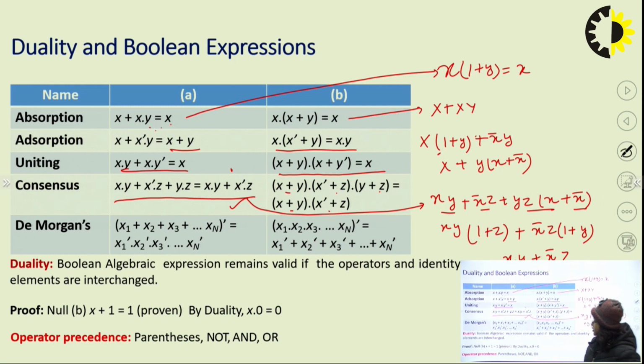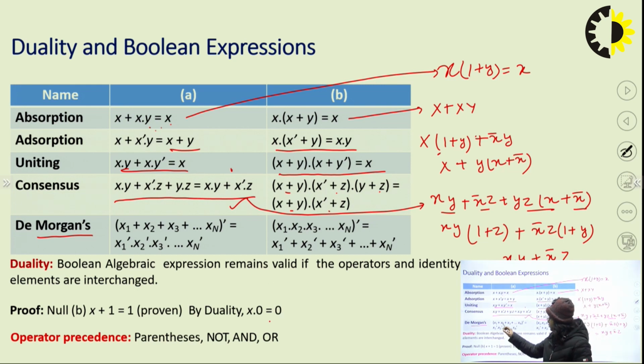And last but very important, that is De Morgan's theorem. It is used to convert AND to OR and OR to AND operation. We can simply write it as: if all the variables are added and the expression is complemented, all the variables will be complemented and plus is replaced by dot and vice versa. So, x1 is replaced by x1 bar, x2 by x2 bar, and xn by xn bar, and plus is replaced by dot.